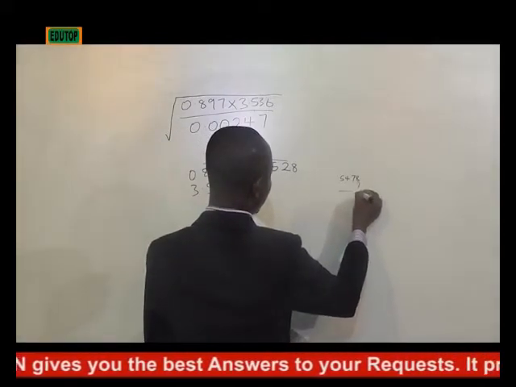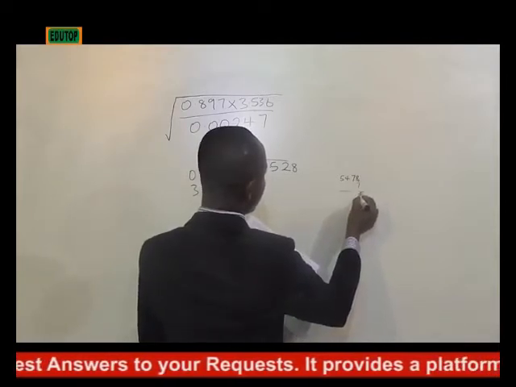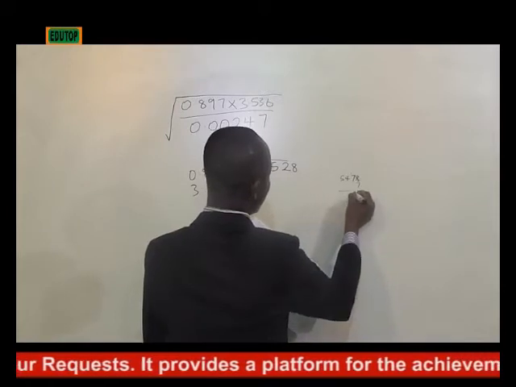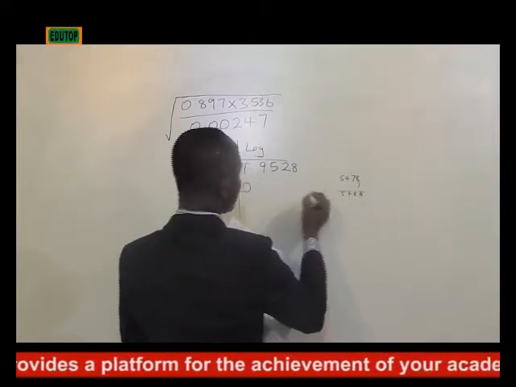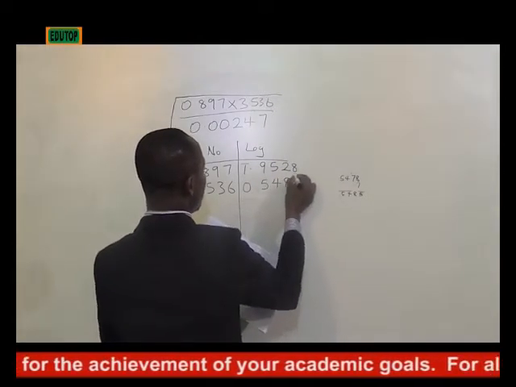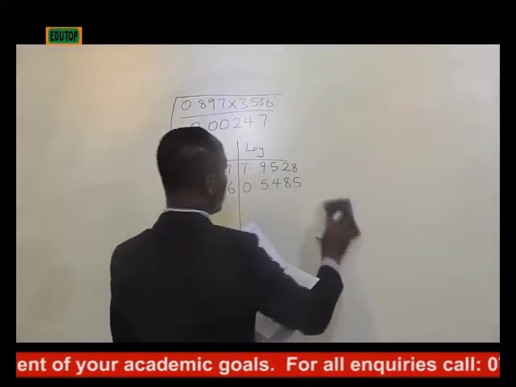That will be 5. 8 plus 7 is 15, and we just write 5 and bring our 1 here. That 1 plus 7 is 8. That's 5, 4, 8, 5. So we've been able to get our values.